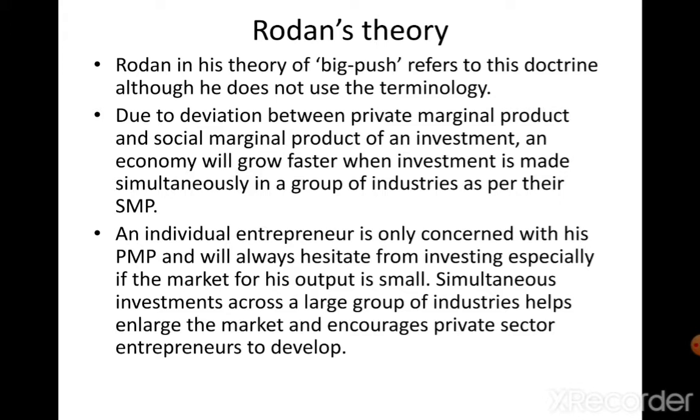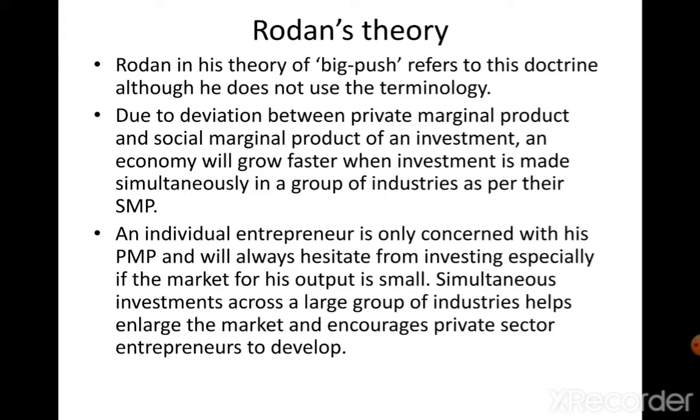That the private marginal product and the social marginal product of an investment are widely different. So, for an economy to grow faster, investment has to be made simultaneously, not just in one industry but in a group of industries based on their social marginal product. Only then will the economy grow faster.